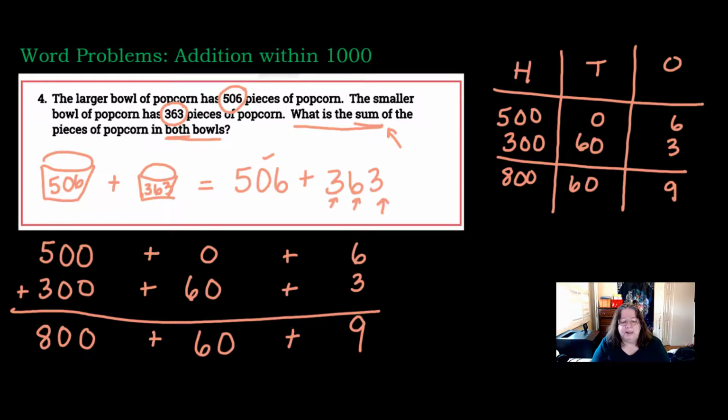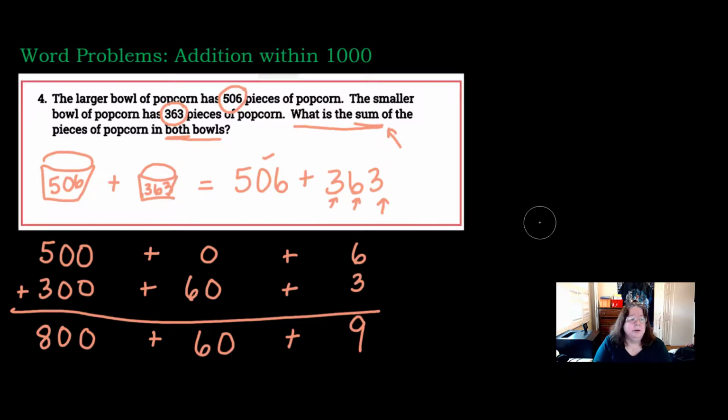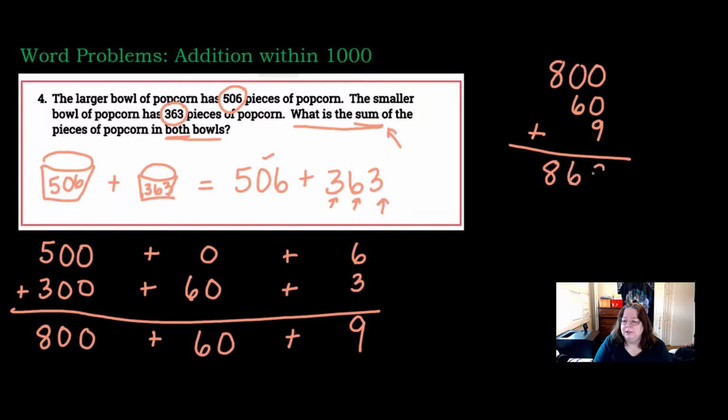Well, now we need to add these together. And to give myself a little room, I'm going to erase this up here. And I am going to write it like this, 869. Now you notice when I said it, I actually said the answer. 869.